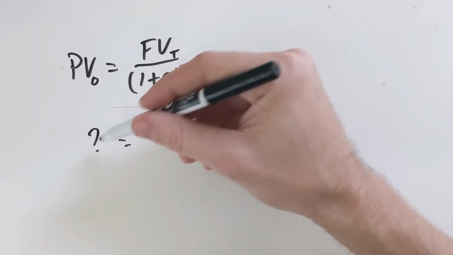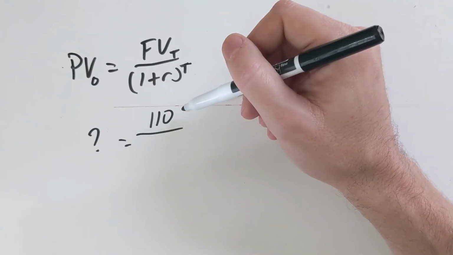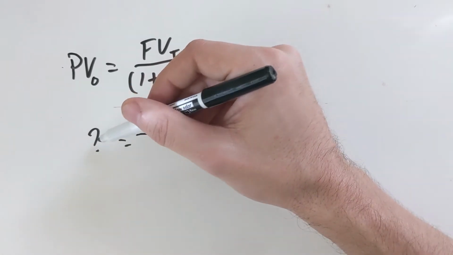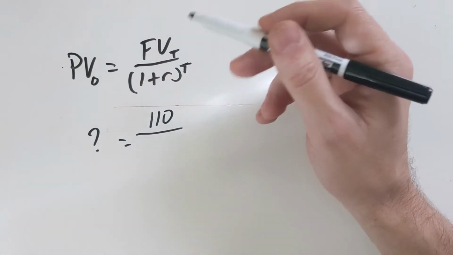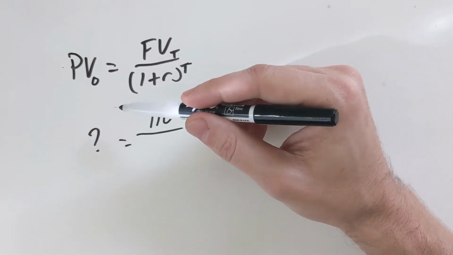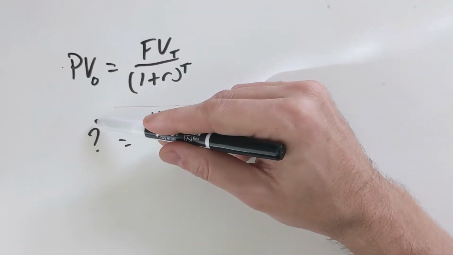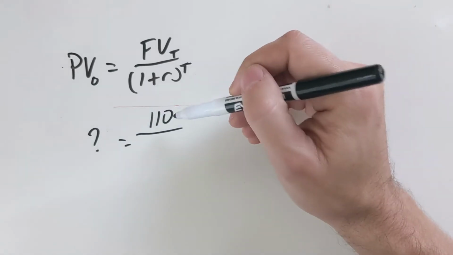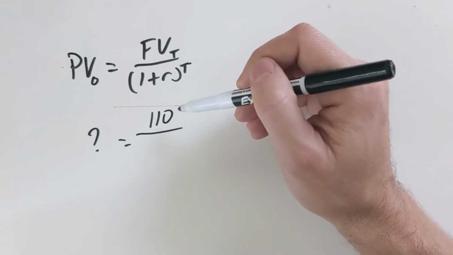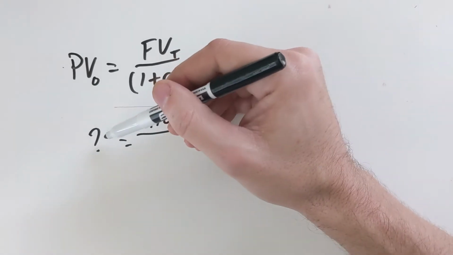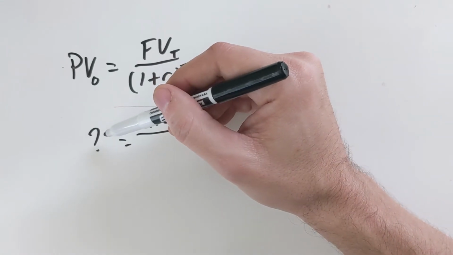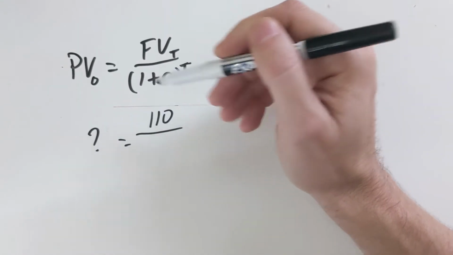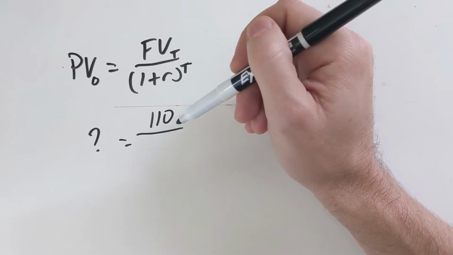Again, it's not that I will have the money right now, but I want to know what is that equivalent value right now. Or, a different way to look at this is, if I want to give up some money right now so that I get $110 back in 1 year, how much money should I give away right now in exchange for that promise of $110 in a year?